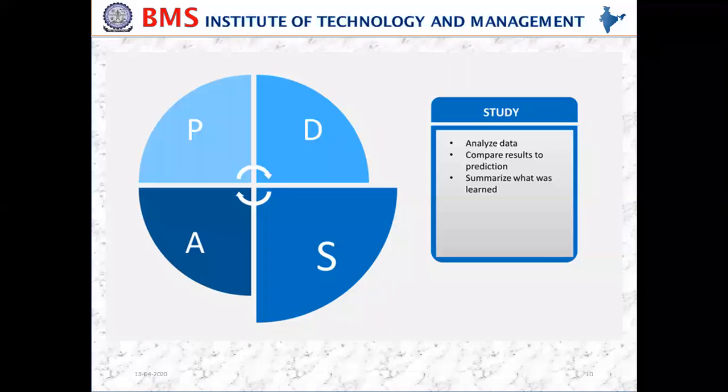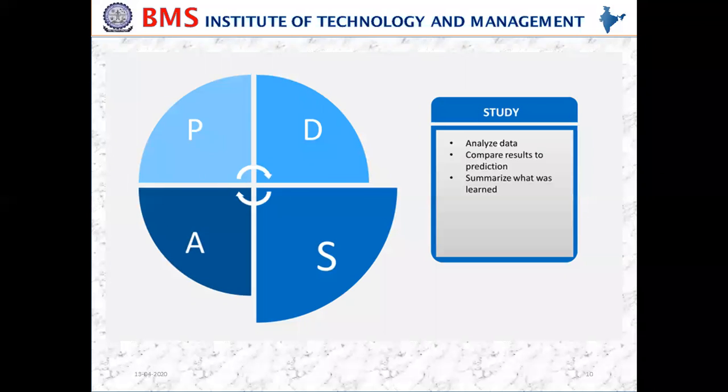If you are getting the predicted results, it is okay, but if there is a difference between the predicted results and the obtained results, then there is a deviation. What you have learned means what the deviation is and why it has happened.